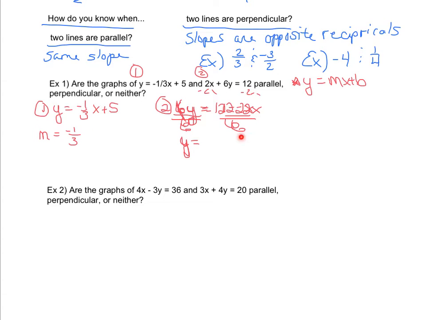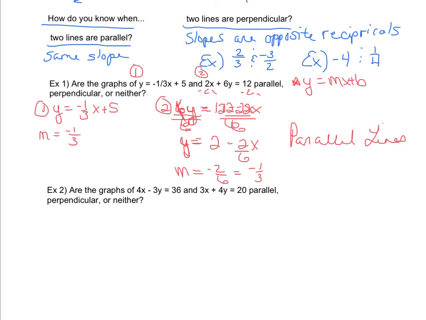So 12/6 I can reduce down to 2, minus 2/6x. So I know my slope, m, equals -2/6, and my first instinct is to say neither. However, I know that -2/6 is not in simplest form. Since they're both even, it can be reduced by 2, giving me an m of -1/3. So notice that my slopes are in fact the same, so I'm going to go ahead and classify these as parallel lines.